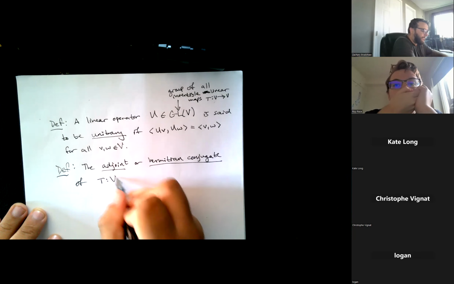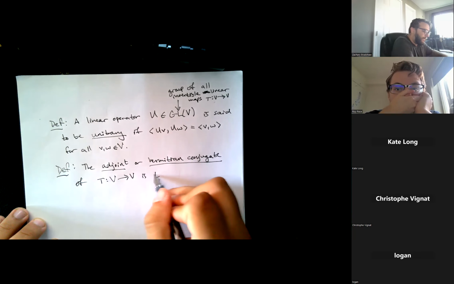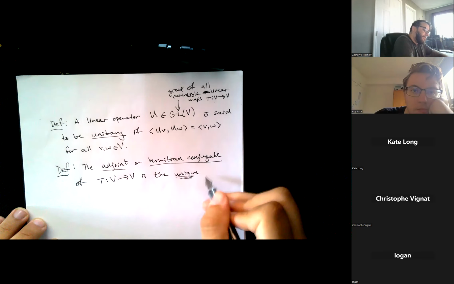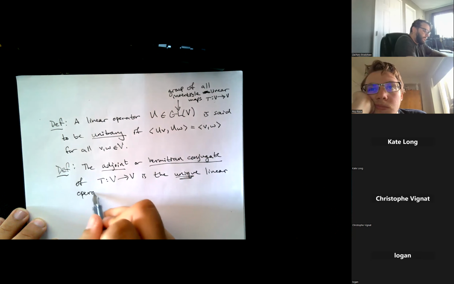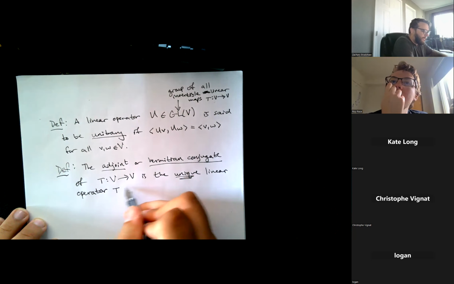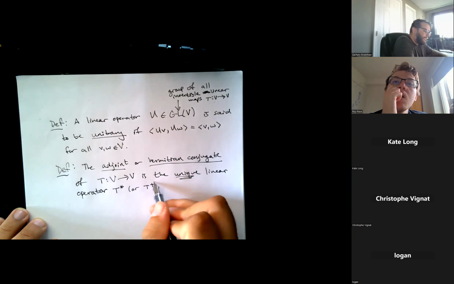I'll call it T. It is its unique linear operator T star, or if you like, T dagger.